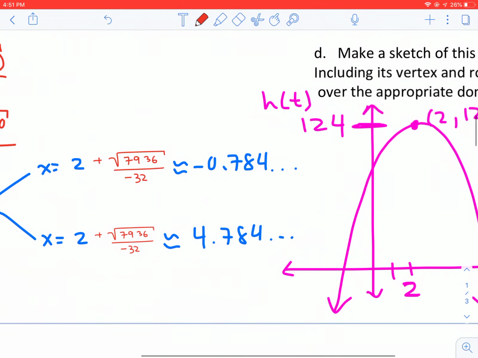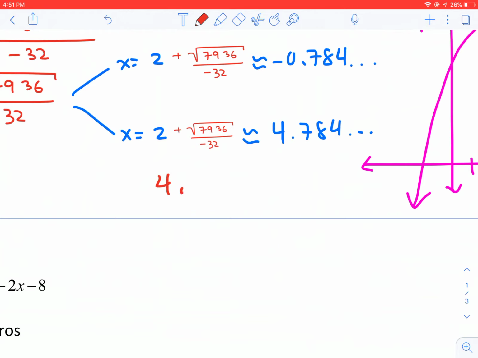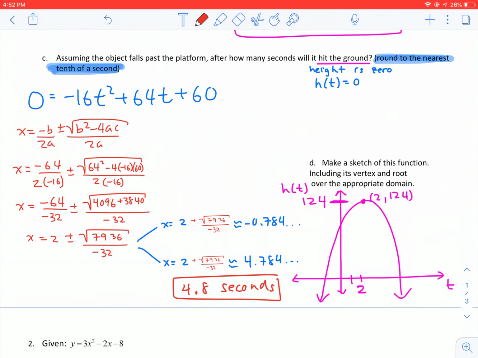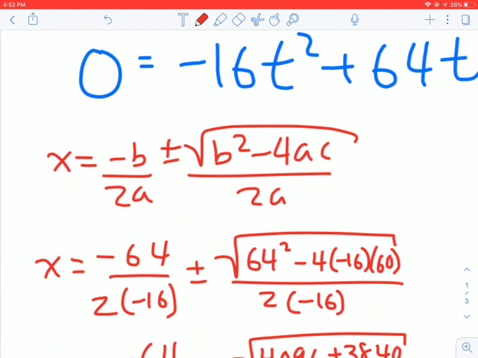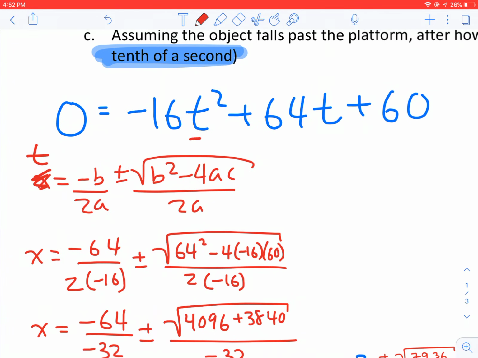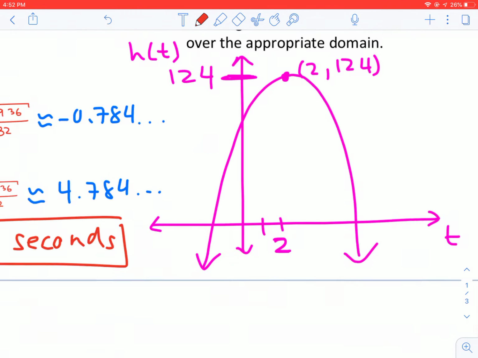We're going to ignore the negative answer because it's not going to be negative time. It's going to be after about 4.8 seconds. Also, technically, when I solve this equation, it should not be x equals, it should be t equals, because t was the variable in my equation. So you should change all those x's to t's.